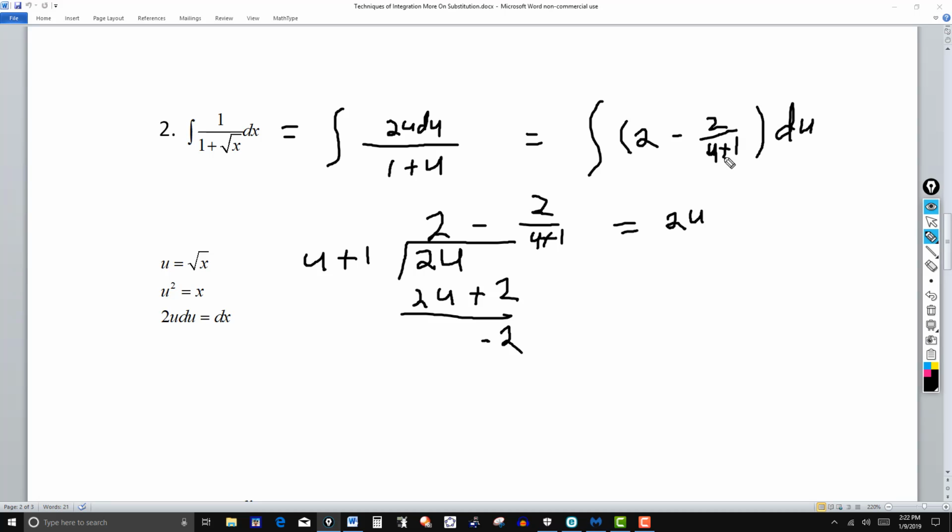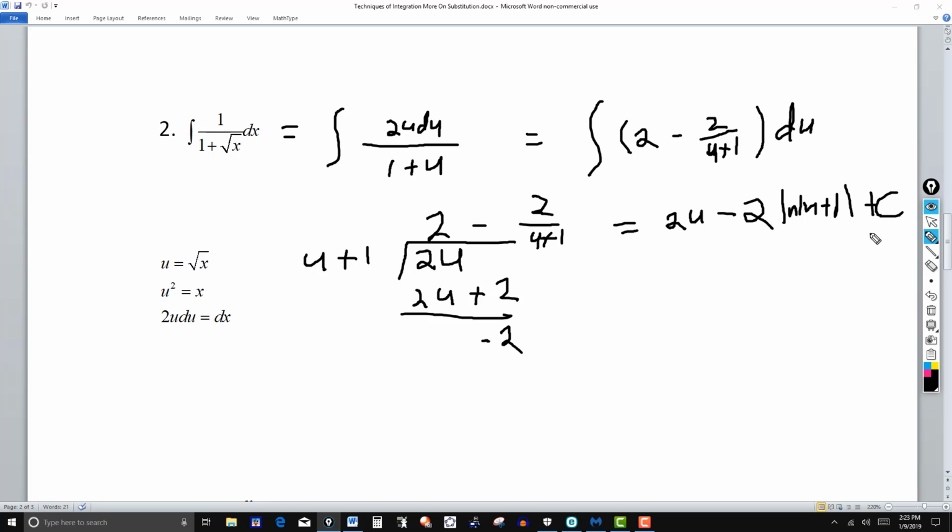Okay, so we would use this as a substitution again. Change the variable, but anytime you have 1 over u, or 1 over u plus, where it's a linear factor, as long as the coefficient of the u is 1, it's always going to be the natural log. So this will be minus 2 natural log of what's in the denominator, absolute value, u plus 1, and then plus c. And then the last part there is simply to go back to the original variable.